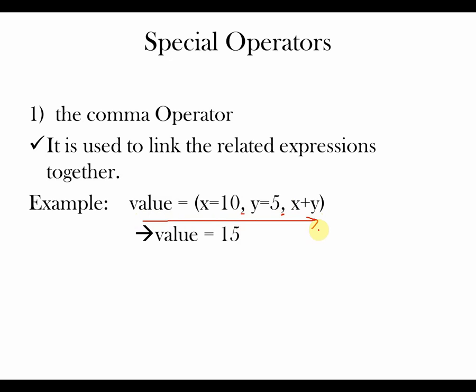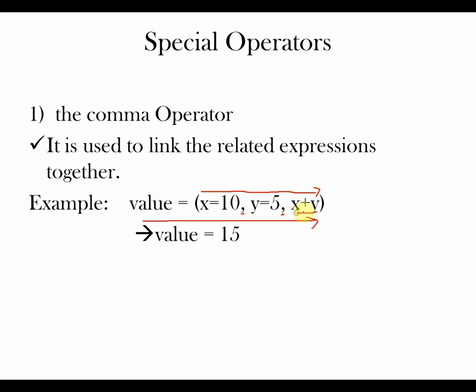What I mean by that is, this particular expression will be evaluated starting from here. So x will be assigned a value of 10 first. Then there's a comma, so you continue. y will be assigned a value of 5. Again you continue, and finally x plus y is to be evaluated.